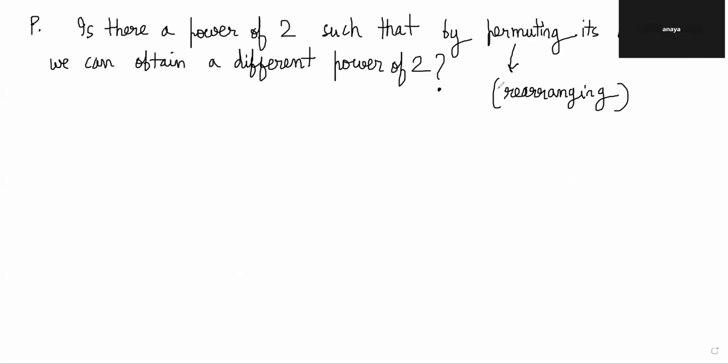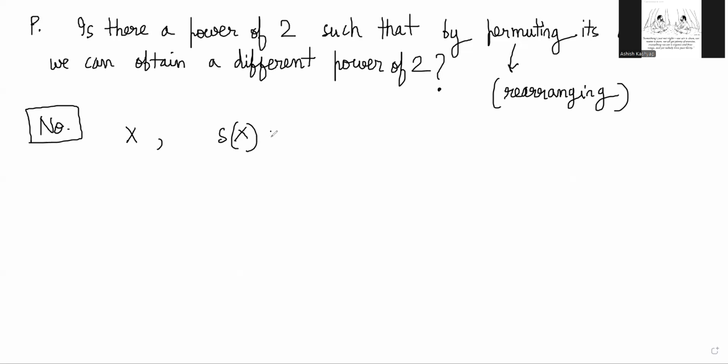So here again, we will use what we have learned so far, and this is a nice solution. The answer is no, we can't. And the proof is very nice. So let's say x is our number, and x is some power of 2. Think of s of x as the sum of digits of x.